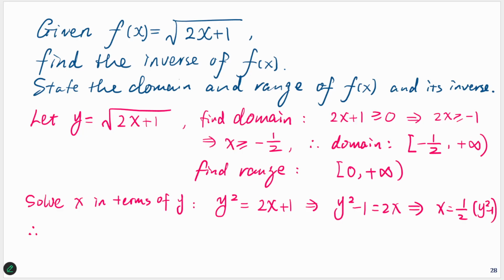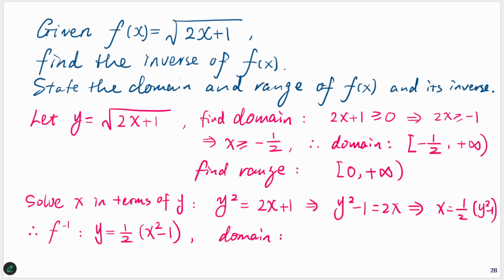But usually we'll use x as input, y as output. So we say f inverse has this expression: y equals 1 over 2 times (x squared minus 1), right? The domain is the range of the original, so you don't have to calculate this again.